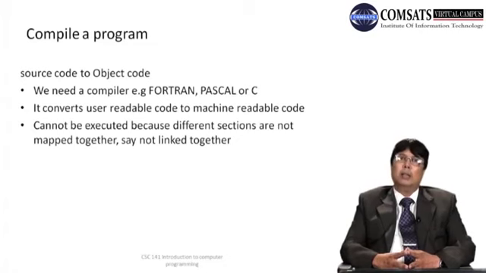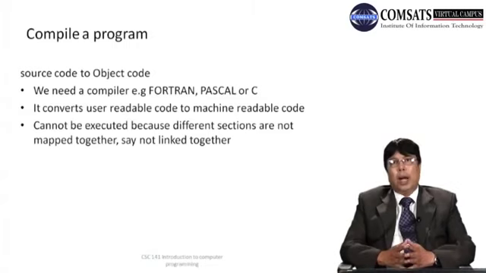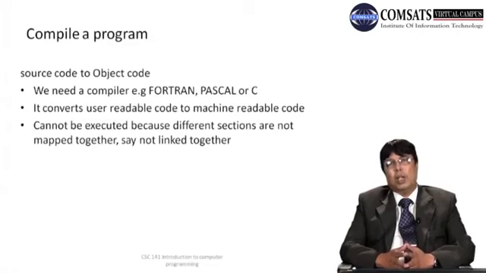So we say the linker provides the address translation. With the help of this address translation, the program is able to pick up the required data from the memory and fetch it to the CPU for execution. So I hope you have understood the purpose of a linker.